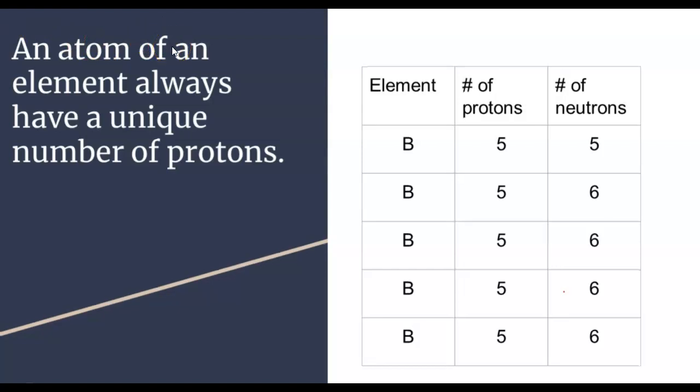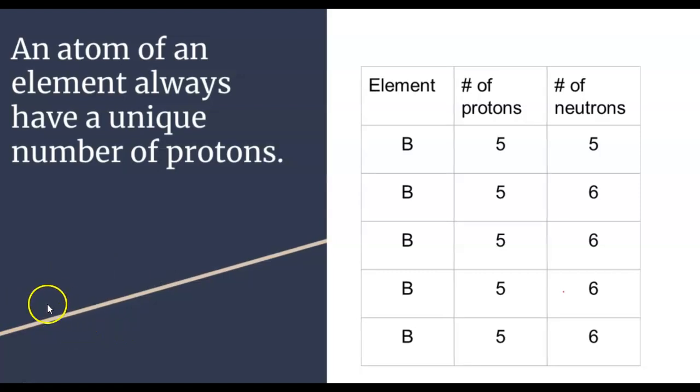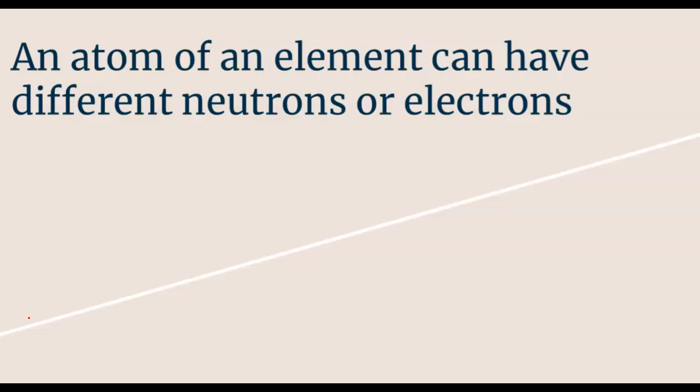And when we're talking about those scenarios, we are discussing something that are called isotopes. Move on to the next slide. So an atom of an element can have different numbers of neutrons or electrons. We'll talk about electrons much later on, but we're going to just focus on neutrons.